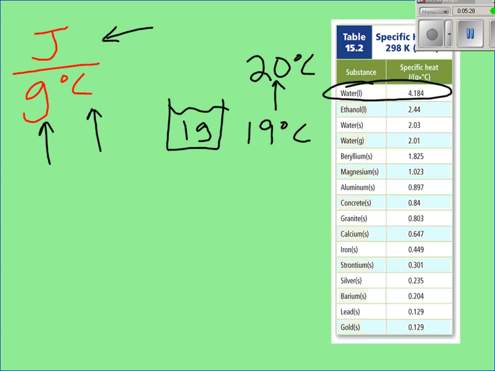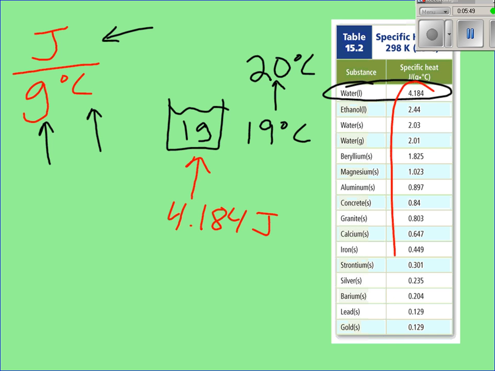How much energy would I have to put in that 1 gram of water to raise it by 1 degree Celsius? The answer is 4.184 joules. If I put in exactly 4.184 joules of heat energy into that 1 gram, the water would raise exactly 1 degree Celsius.